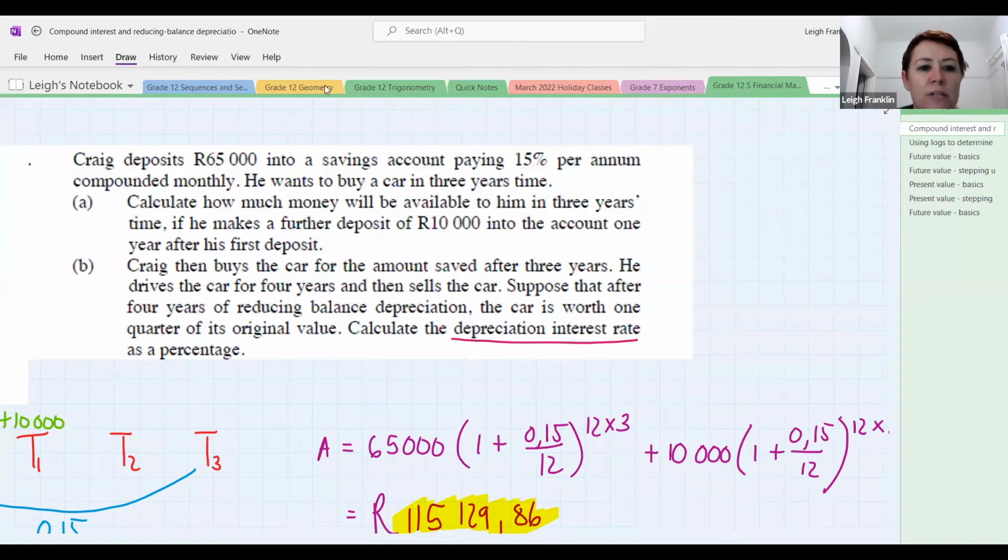There aren't 36 years in 3 years, are there? Why did we have 36 here? Why didn't we have 3? Why was it 12 times 3?